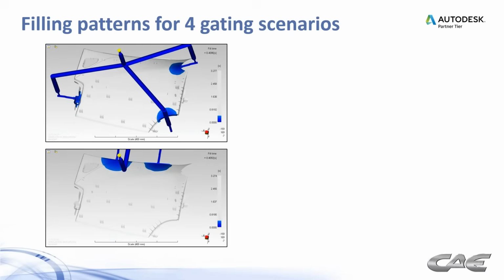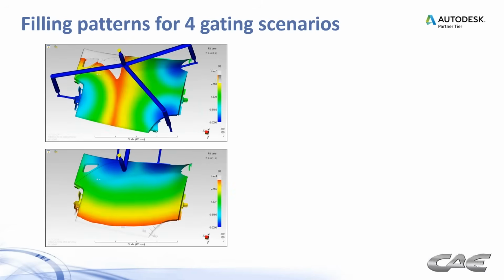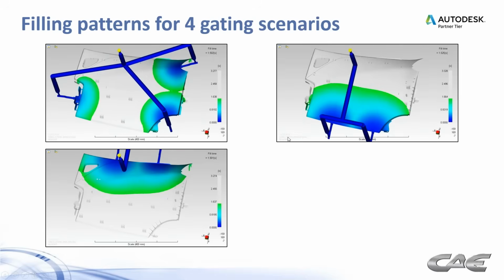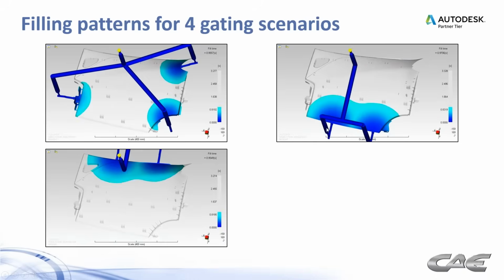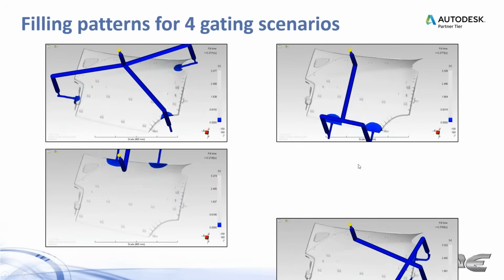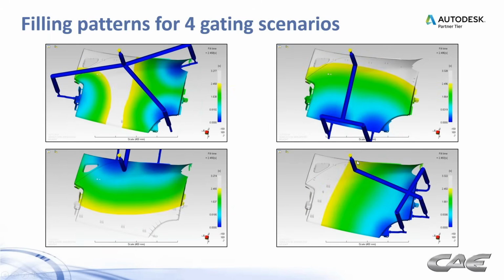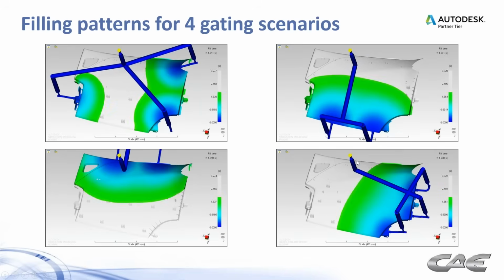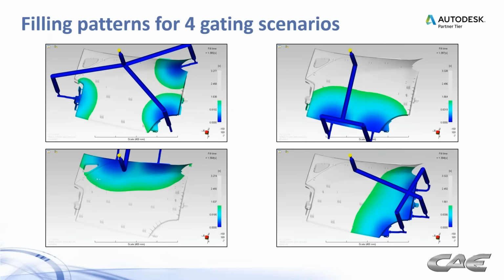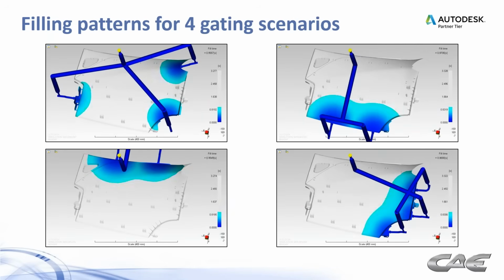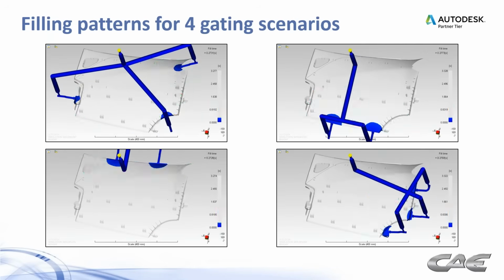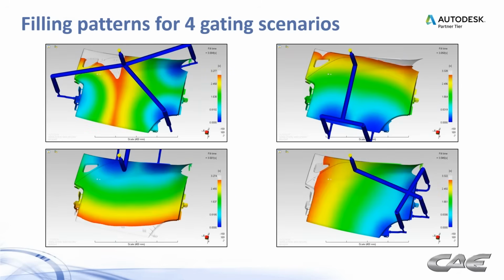Here's a 2-gate scenario, gating at the top, getting all the flow in one direction, but still a knit line in between gates here. Here's one with 2 gates on the bottom side, and here's 3 gates on the right side. So all different options to see which one turned out the best. And obviously you can't test this out in real molds, or it would be a very expensive test.